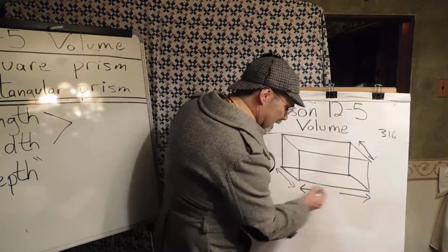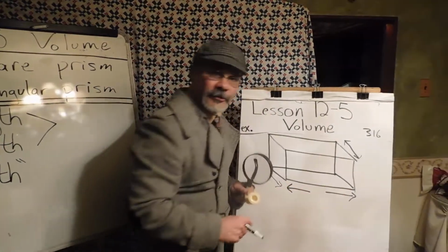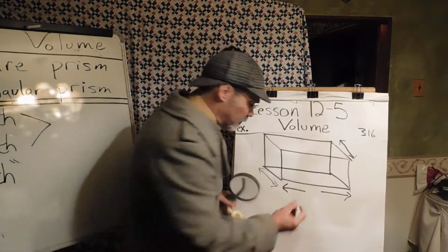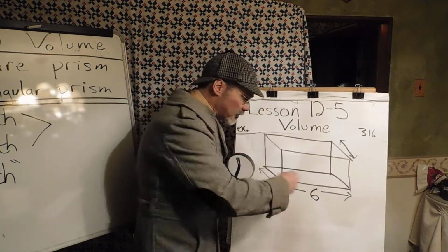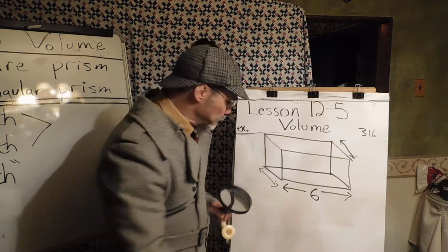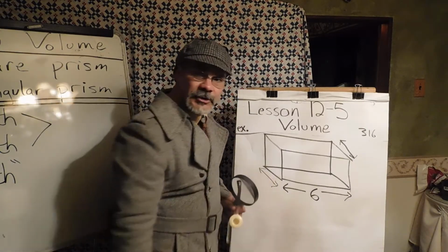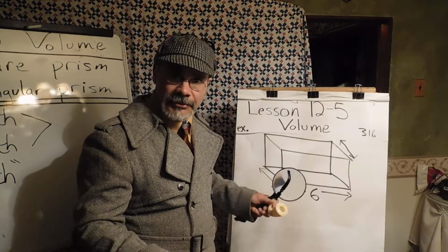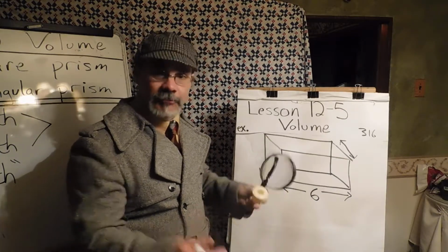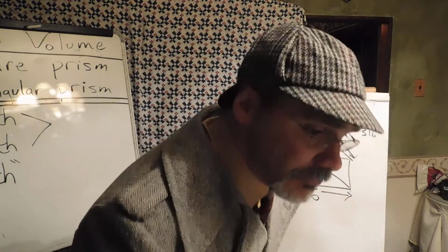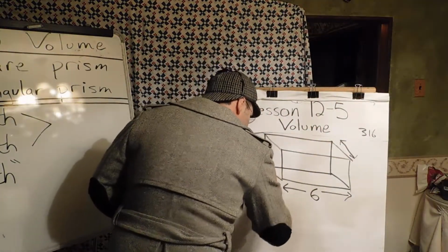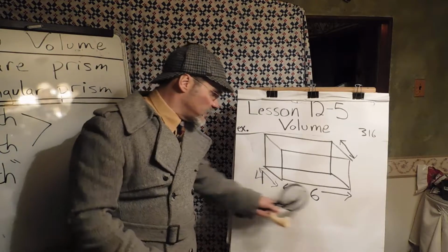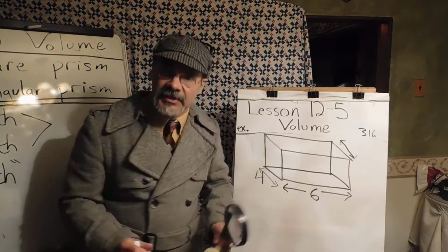So this length, the dimension from here to here, is 6 linear units. The front to back dimension, I'm going to call it width or depth. Again, I don't care what you call it. That dimension is going to be 4 units. So it's 6 units this way and 4 units this way.